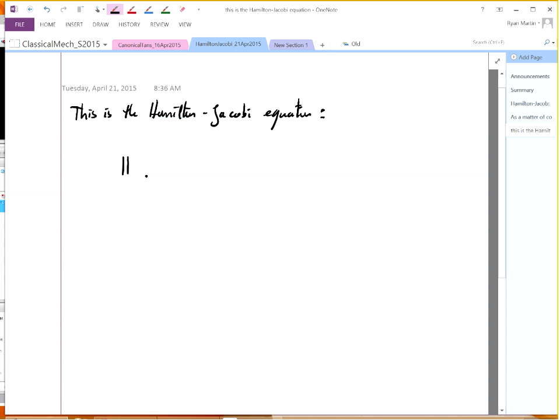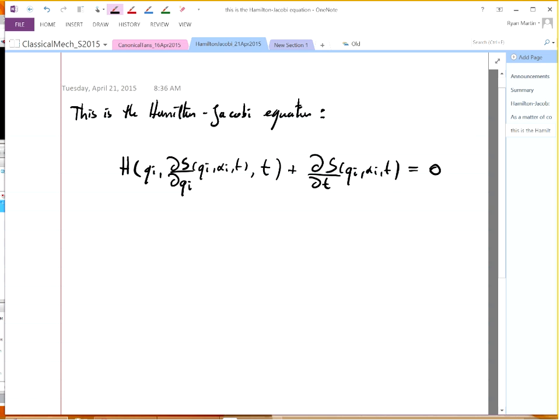Okay, so the Hamilton-Jacobi equation is that you write the Hamiltonian in terms of lowercase qi, and instead of lowercase pi's, you use ∂S/∂qi, where S is a function of the lowercase qi's, the alpha i's, and t. The Hamiltonian can also depend on t, plus ∂S/∂t, where S of course depends on qi, alpha i, and t, and that's equal to 0.